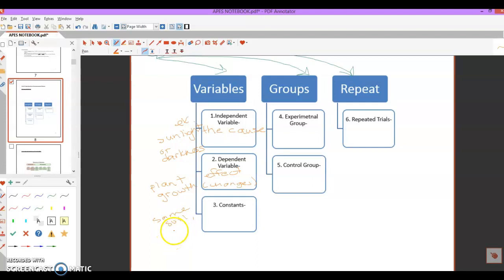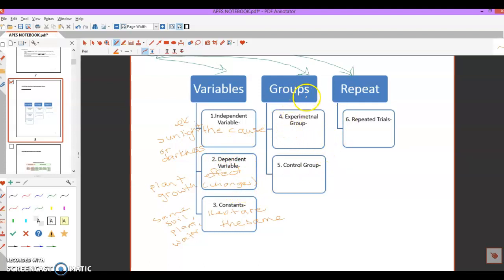You have to use the same plant. So you can't use a sunflower and then a pea plant. They have to have the same amount of water, okay? So constants, we say, are kept the same. Hopefully you guys can understand the difference between those now.